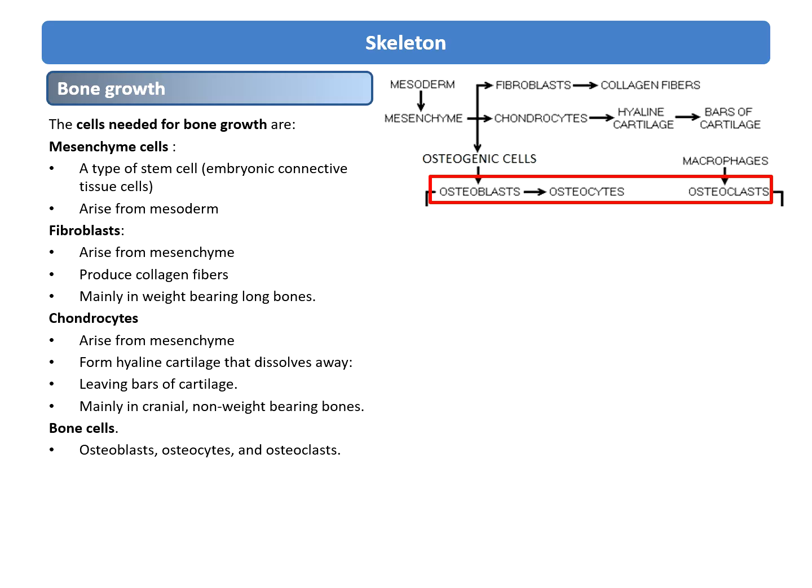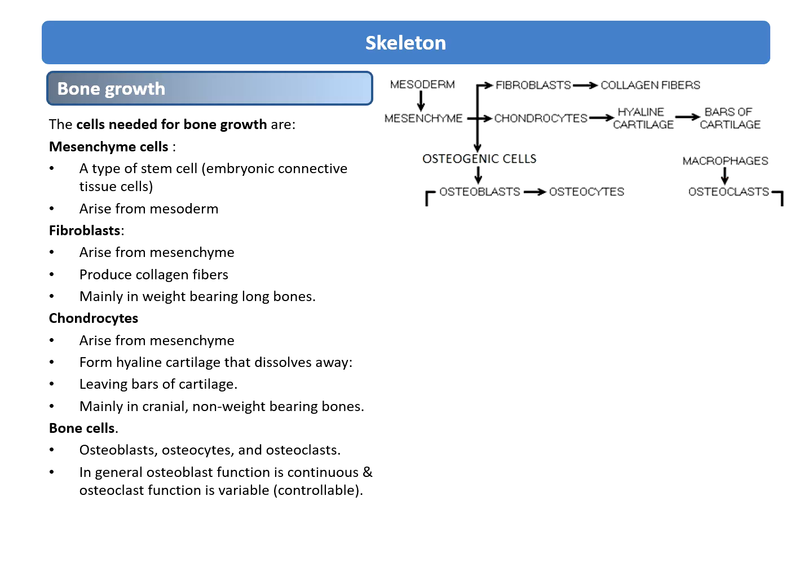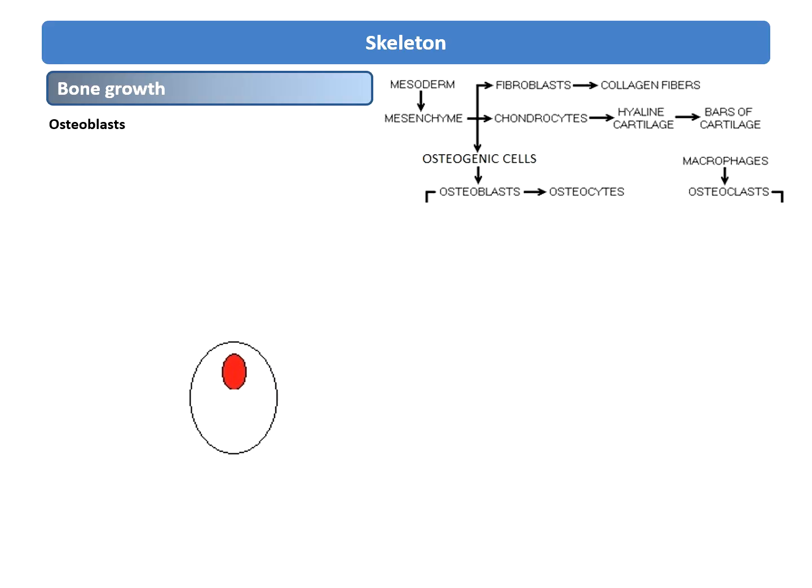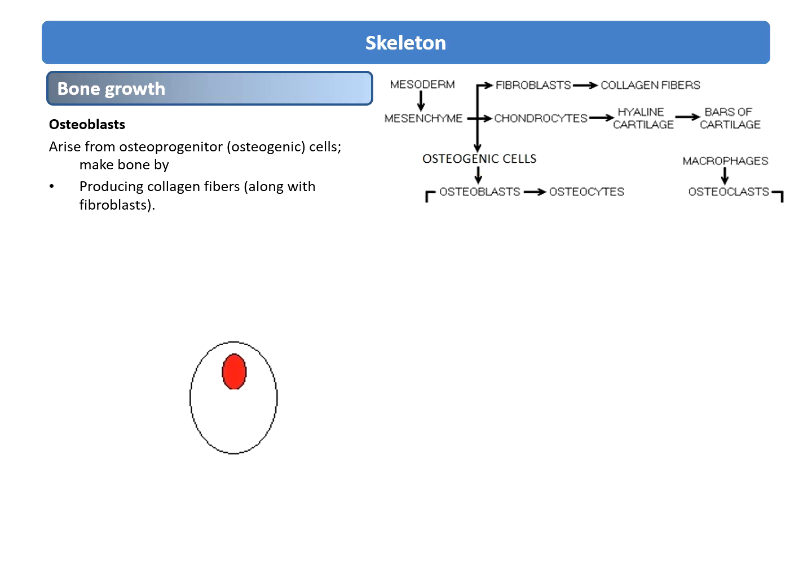Bone cells include osteoblasts, osteocytes, and osteoclasts. Let's look at the osteoblasts for a moment. These arise from osteoprogenitor cells or osteogenic cells. Those are a type of stem cell, and they make bone by producing collagen fibers along with the fibroblasts.